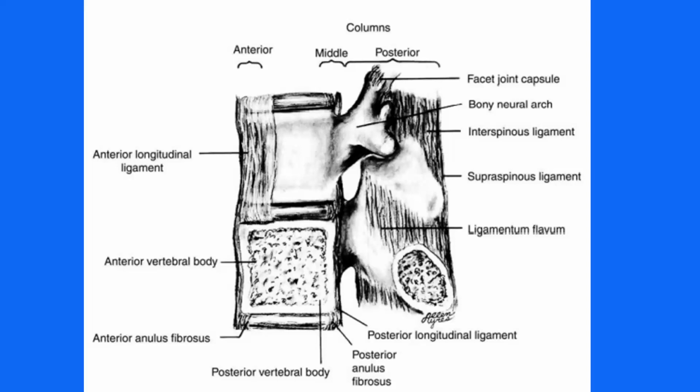In between the vertebral bodies, you have a soft tissue component, which consists of the annulus fibrosus and the nucleus pulposus. The annulus fibrosus is quite elastic, and it consists of type 1 collagen. And in the center, you have the nucleus pulposus, consisting mainly of type 2 collagen. It has proteoglycans, and it consists of 70 to 80% of water.